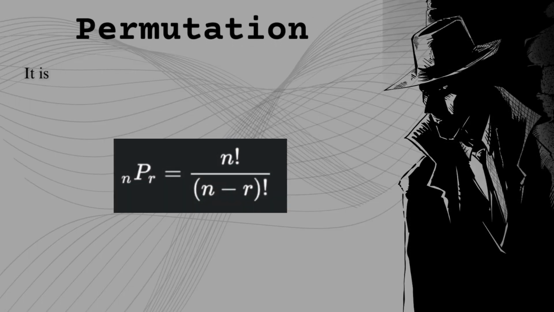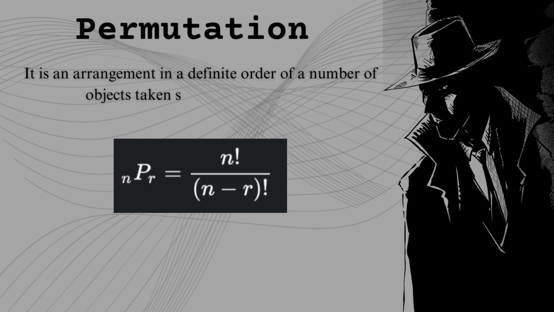To help Bhavishya and Detective Dashni find the numbers on the car plate and track the car, we use permutations. With permutations, we can find the number of possible sequences. A permutation is an arrangement in a definite order of a number of objects taken some or all at a time.